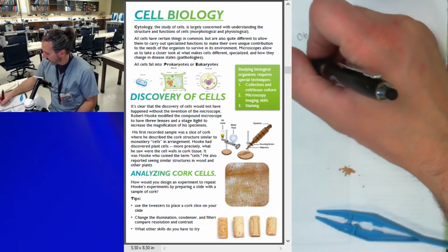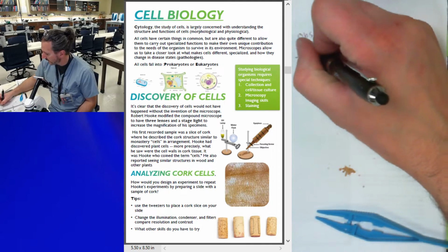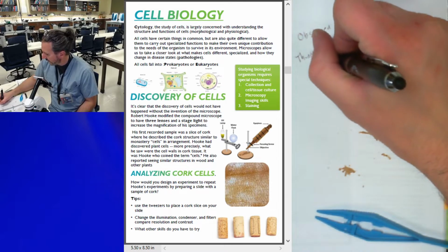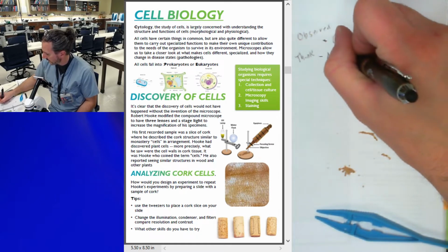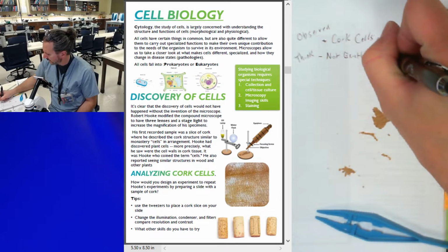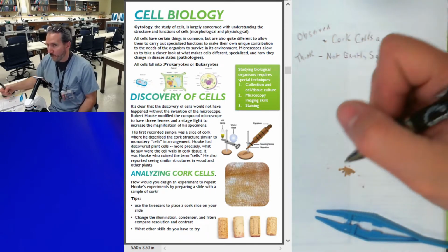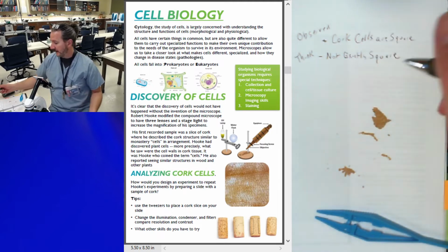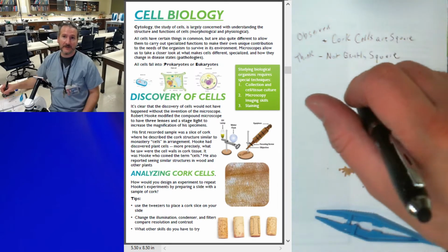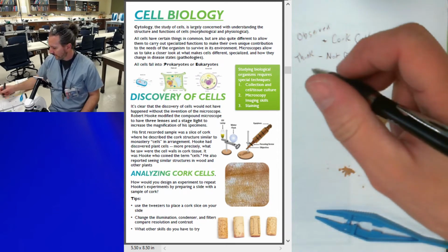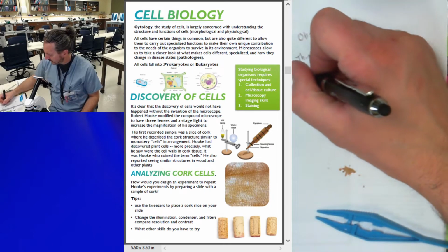So here's what I hypothesize. I think the cork cells are not exactly square. I think I might find more shapes, things that aren't square, but maybe they're pentagons or hexagons, or maybe they're triangular, or maybe there are some round ones, but they're not all going to be square. Right?